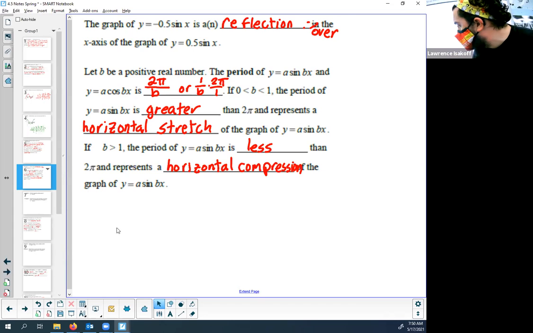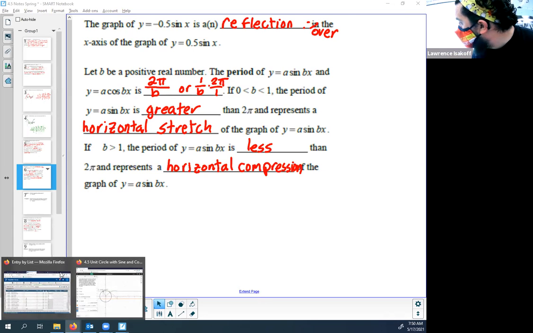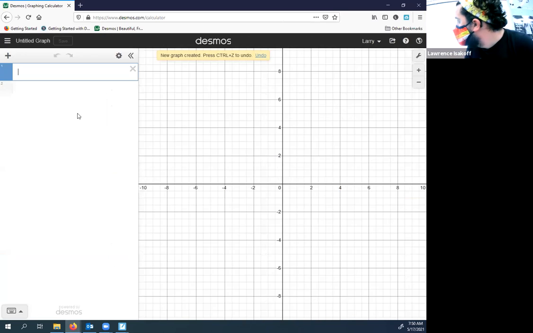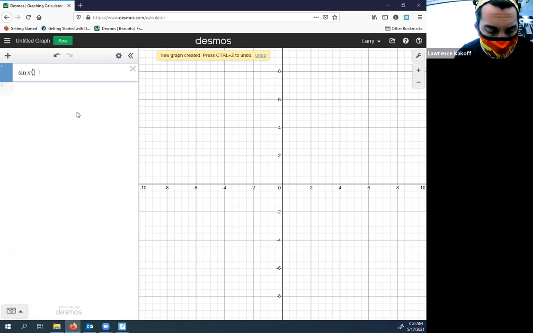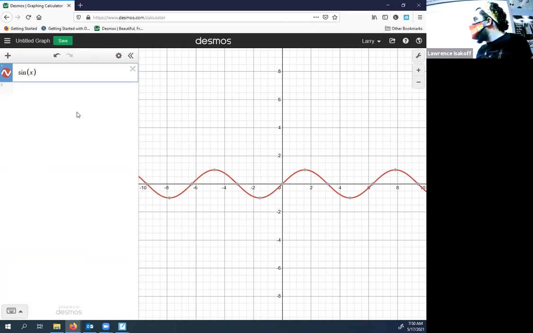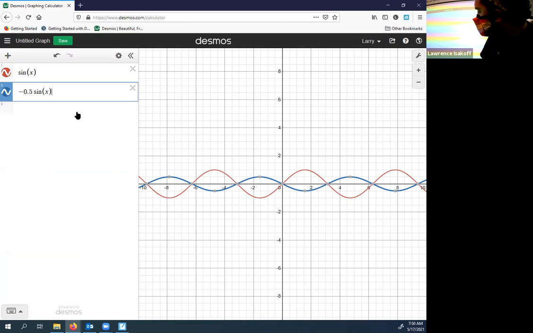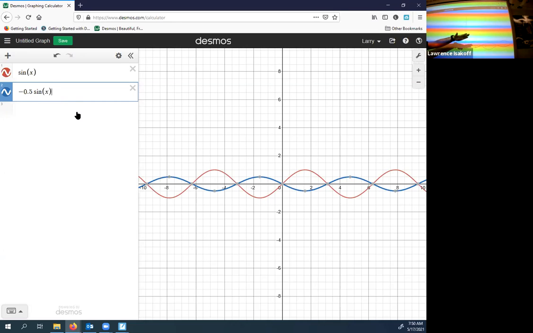So let's just quickly look at that on Desmos. I can open up a blank graph for us here. So if I was like the sine of x, this is our default graph. If I do -0.5 sine of x, we notice this blue graph gets squished down and actually flips upside down.